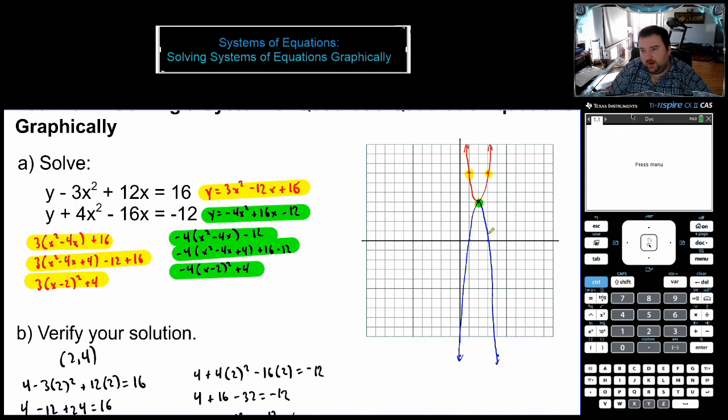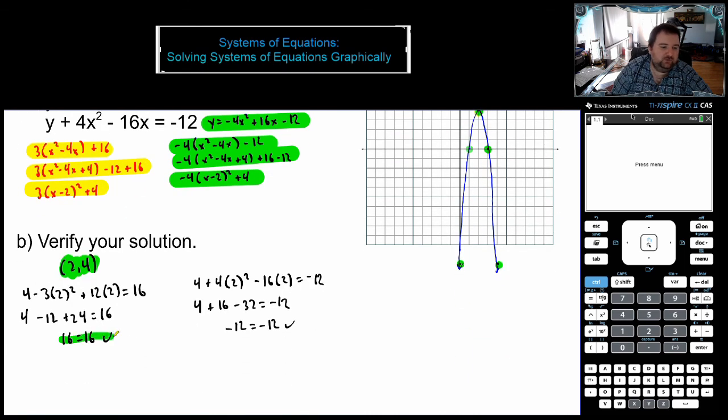So it's going to go right 1, down 4, mirror those points, and you can try the next one and the next one. They are way down here. And now you can graph that, and you'll see there's only one point of intersection. It's at the vertex for both of them, and that's at 2 and 4. And when you check your solution, they do both work.